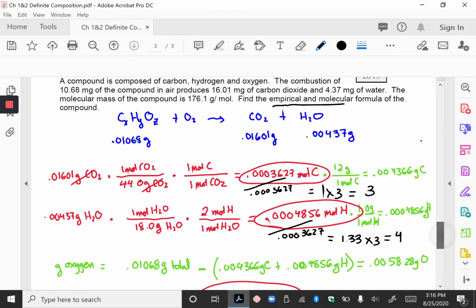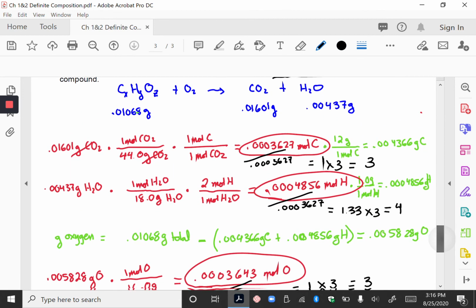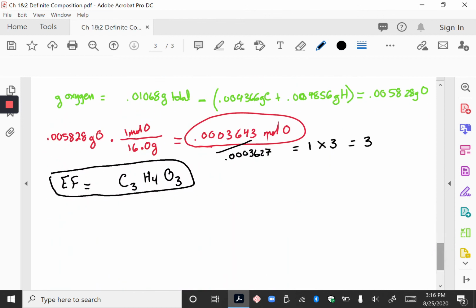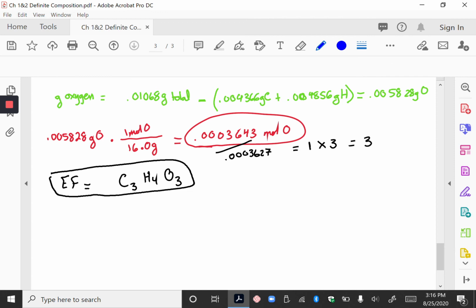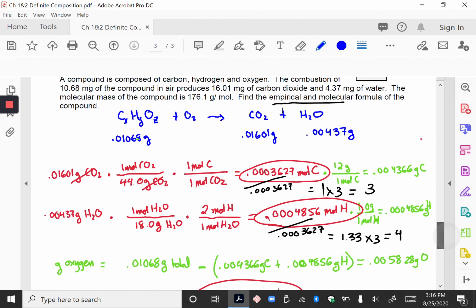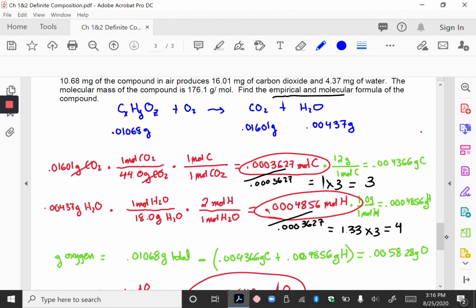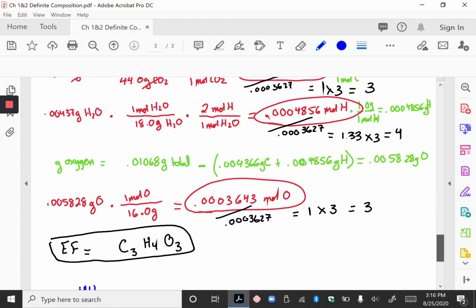So to find the molecular, what you do is you take the molecular weight over the empirical weight. The molecular weight is always going to be given to us. It is 176.1 grams per mole.